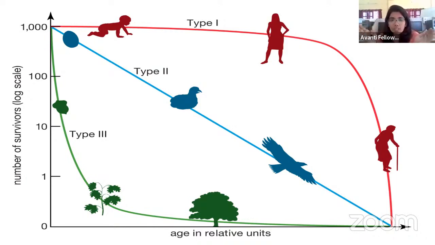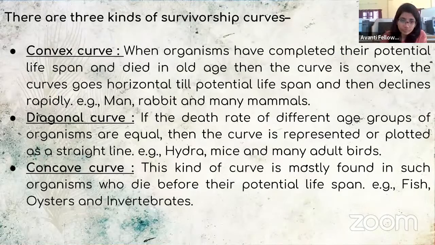If we have 100 birds and some chicks and some eggs, and the egg is getting spoiled, the chick is dying, and the bird is dying, which means all age organisms in that population are dying. So there we'll get a diagonal curve.